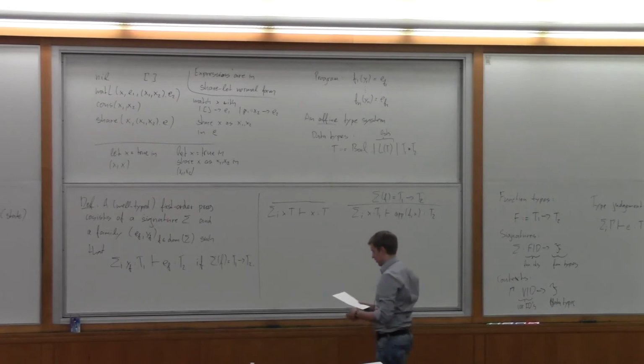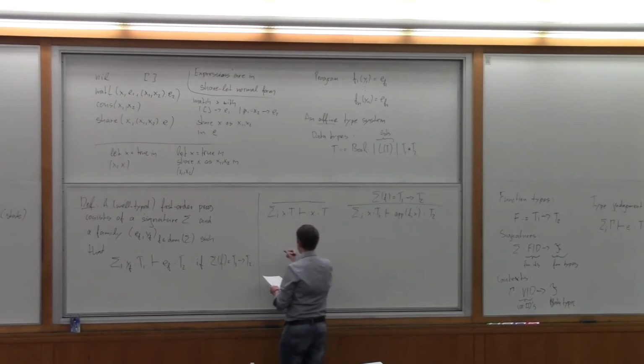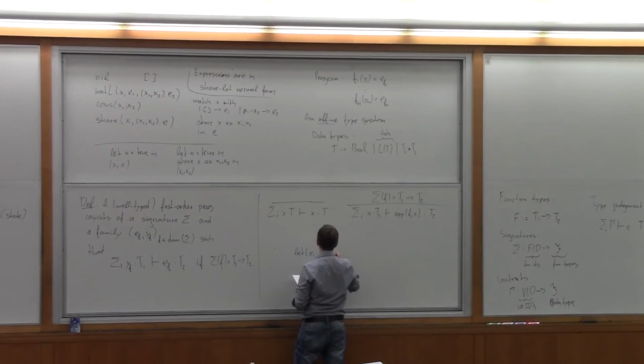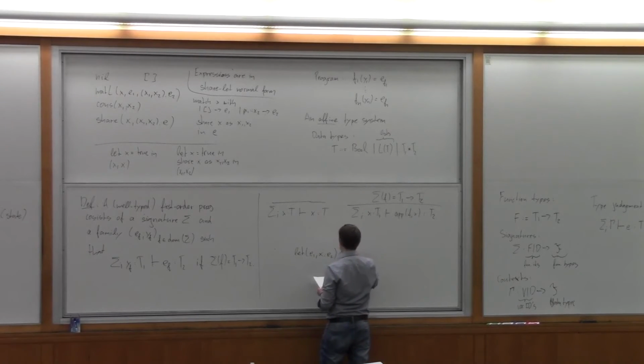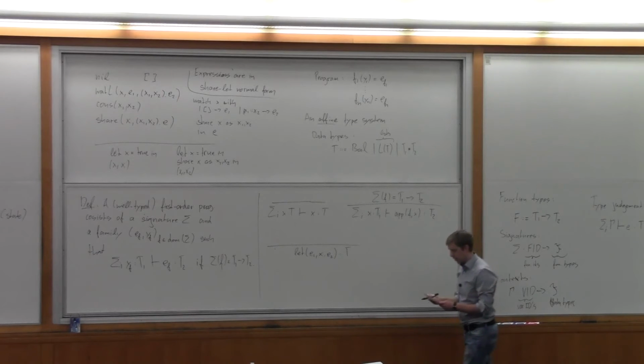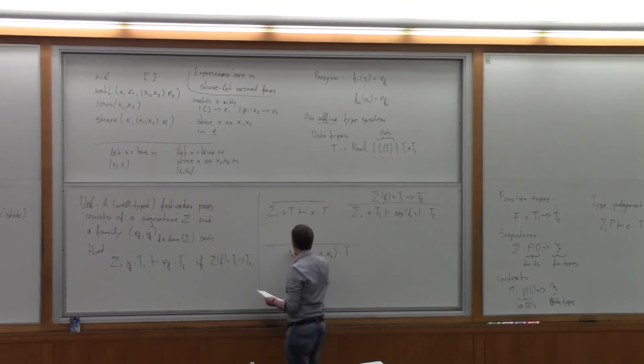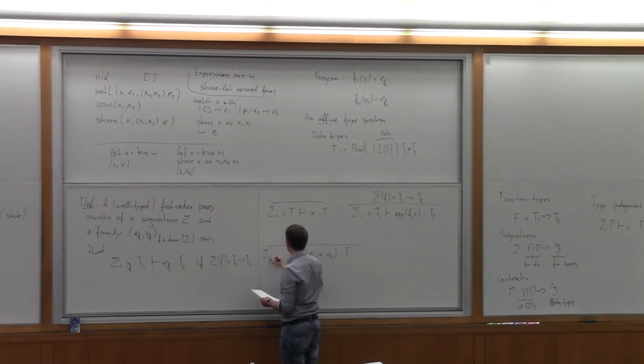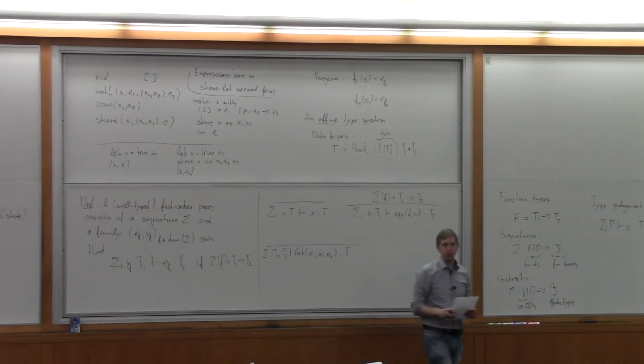So let's look at the rule for let. Let me write it like that. Here what you do is you split up your context into two parts, gamma 1 and gamma 2.